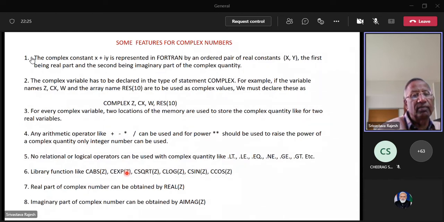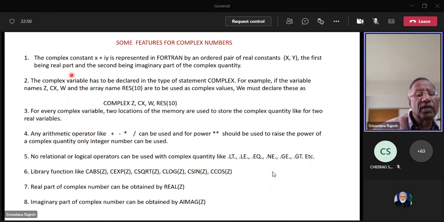But nowadays, it was only maybe 10-15 years back that every computer got this facility, that you can treat the complex number as such and do the calculation without thinking, just declare and do it.